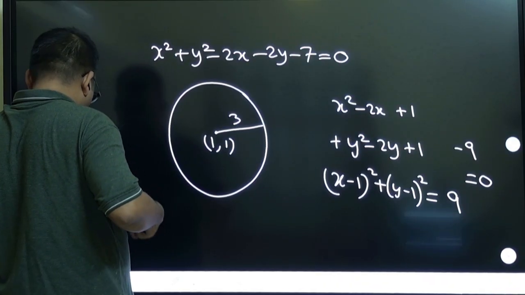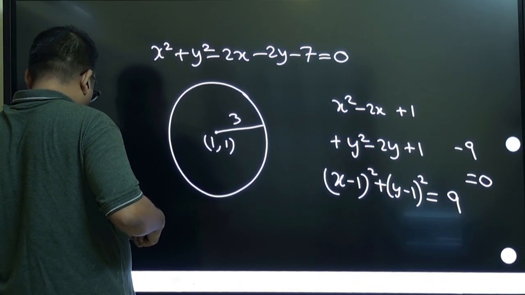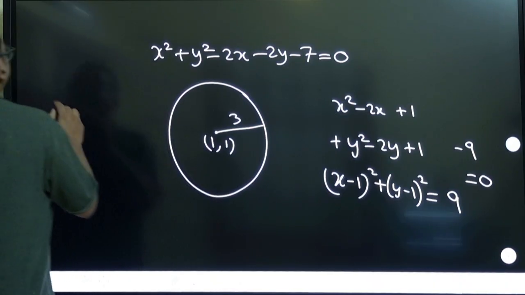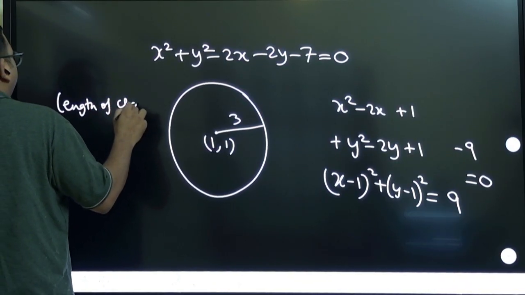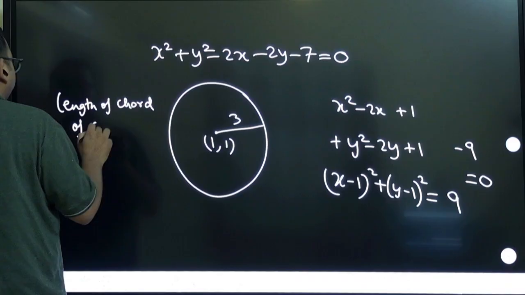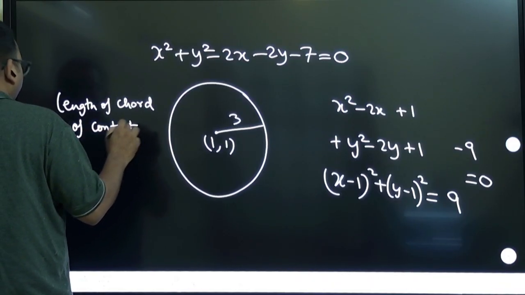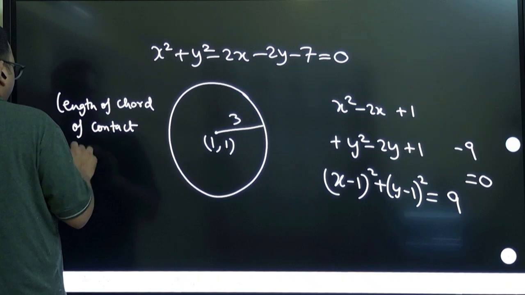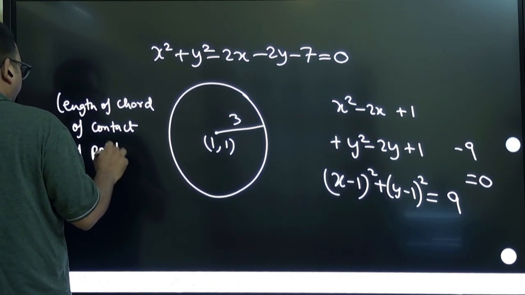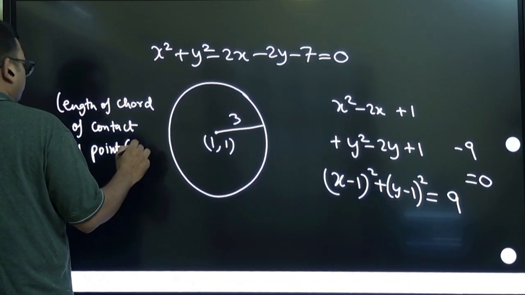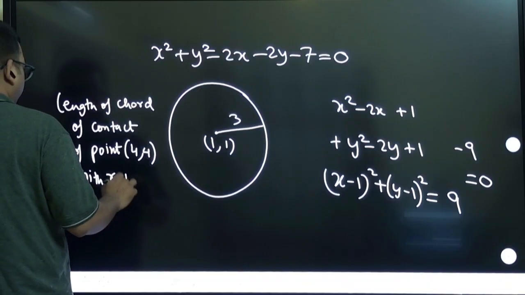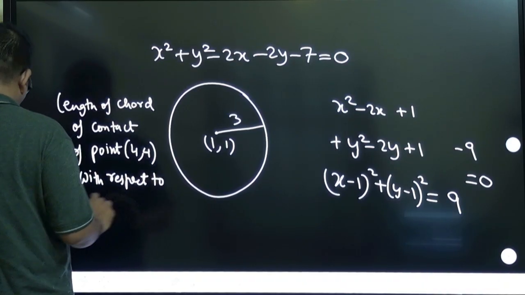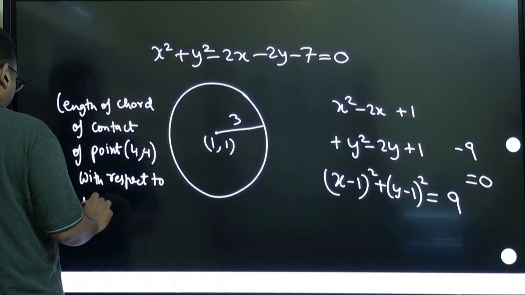Length of chord of contact of point (4, 4) with respect to this circle.